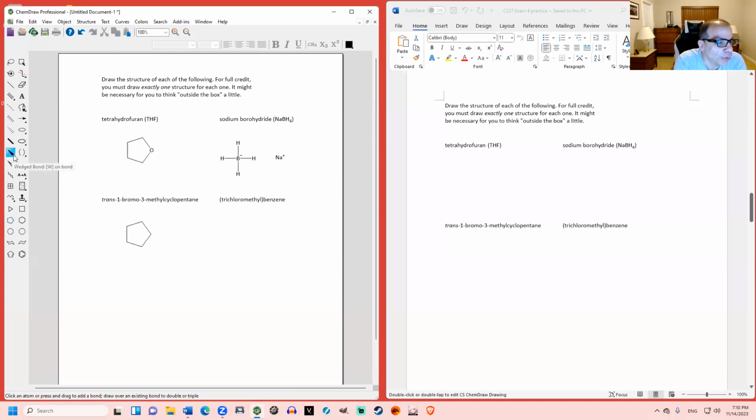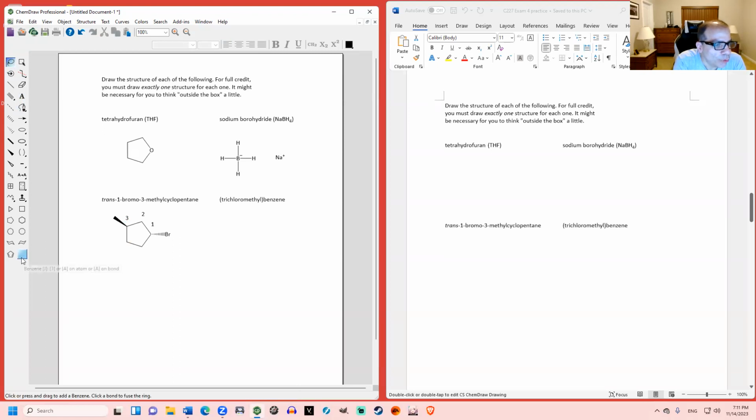You certainly still have to know it. 1-bromo-3-methyl. I'll just put in the numbering to help people see it.